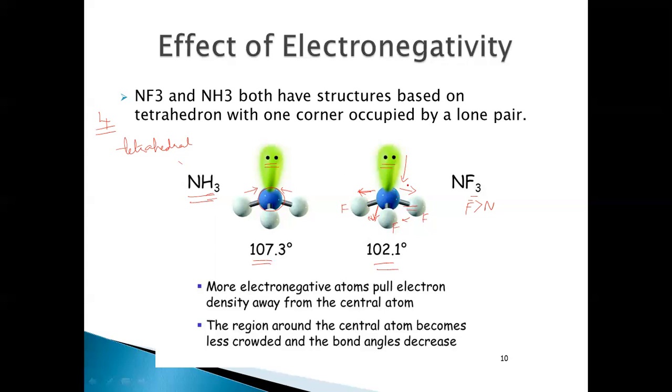As a result of this, the lone pair bond pair repulsions will also increase, and this lone pair of electrons will try to push the bond pair further. As a result, this angle is reduced. So because of these two reasons, the bond angle is less in NF3 when compared to ammonia. So the same thing I've dealt with here: a more electronegative atom pulls electron density away from the central atom, as in the case of NF3. So the region around the central atom becomes less crowded, and as a result the bond angle decreases.